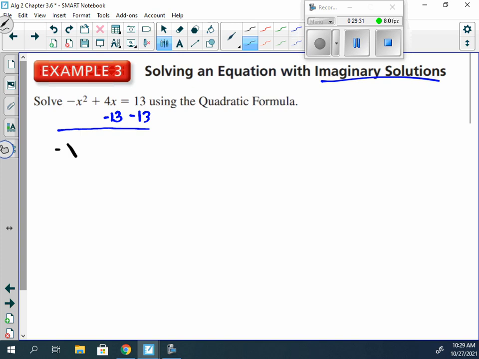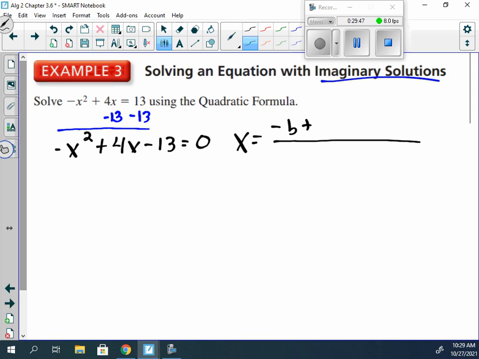So we can subtract 13, which gives us negative x squared plus 4x minus 13 is equal to 0. Because we need to get everything on the same side and equal to 0. So x is equal to negative b plus or minus the square root of b squared minus 4ac all over 2a.